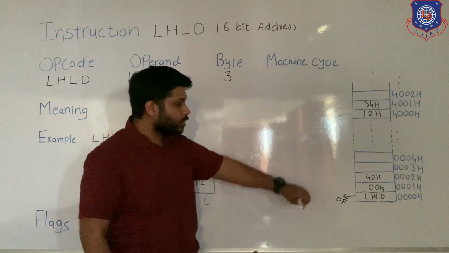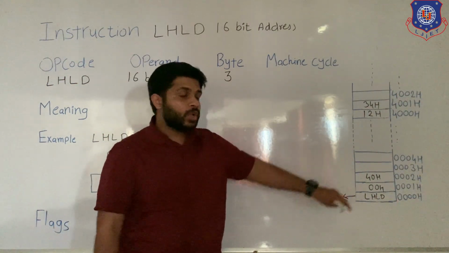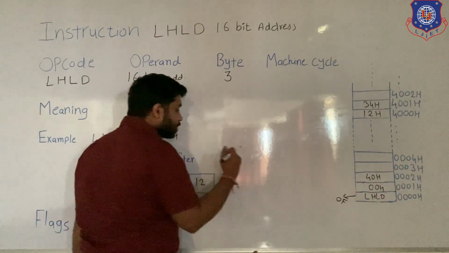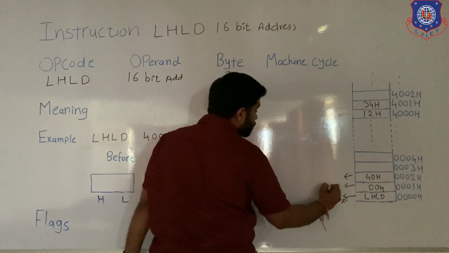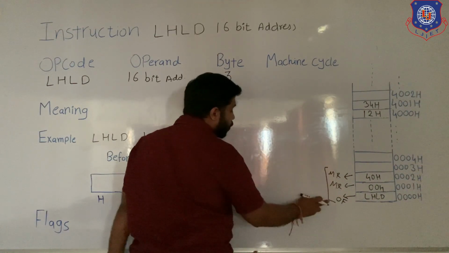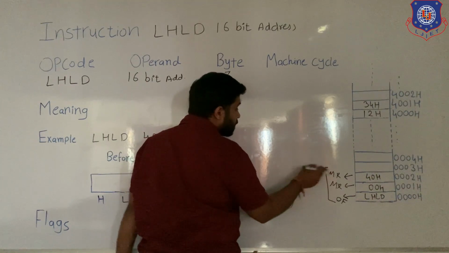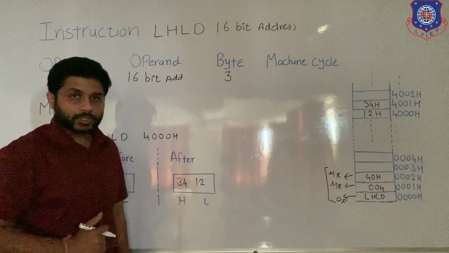To read this whole instruction, the processor has to read the remaining address bytes too. So the processor has to perform 2 more machine cycles, which are memory reads. When the microprocessor performs opcode fetch, memory read and memory read, this whole instruction will be transferred to the microprocessor.